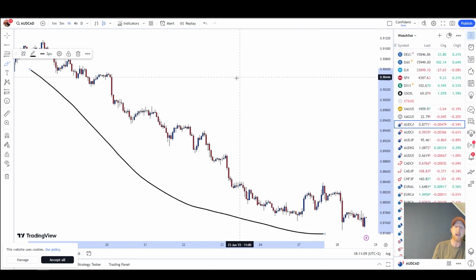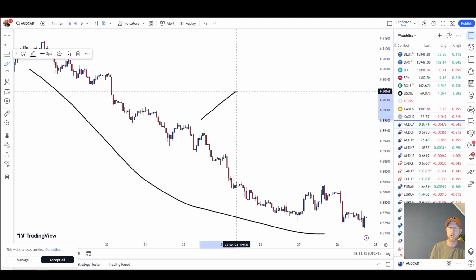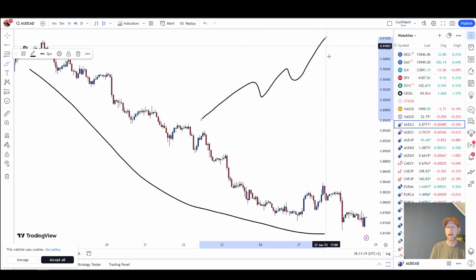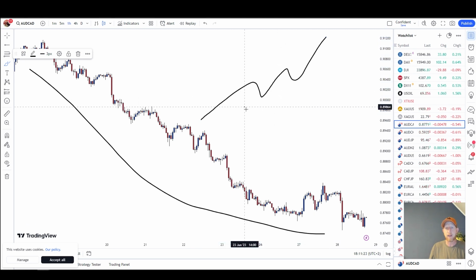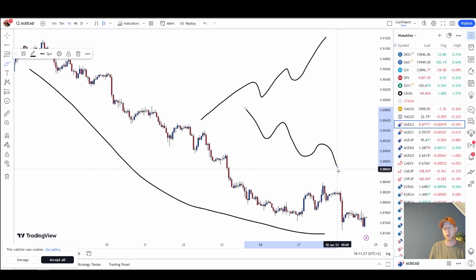The anatomy of an uptrend is that you have higher highs and higher lows. If you have higher highs and higher lows, then you are in an uptrend. Likewise, if you have lower highs and lower lows, you're in a downtrend.